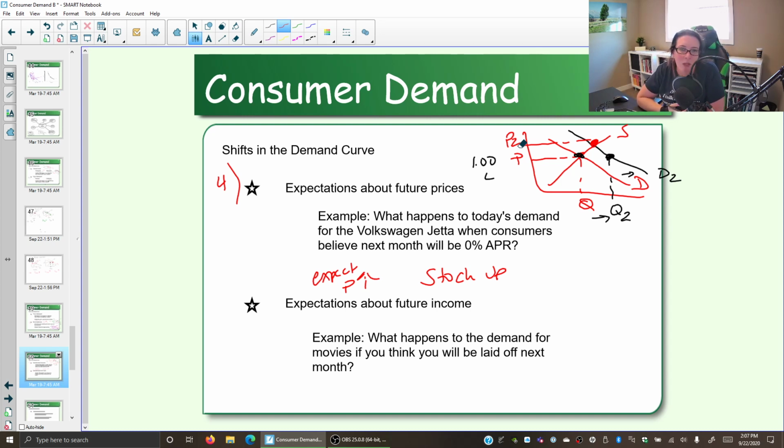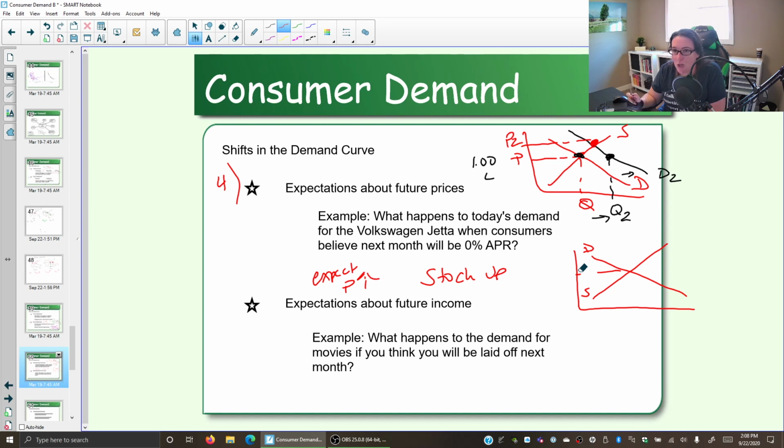Same thing if we're looking at purchasing a car, right? You're going to wait until they're doing 0% financing. And so if you expect there to be 0% financing in the future, what you're expecting is that the future price to you, right, because you include both the price of the car and the financing, will actually be cheaper.